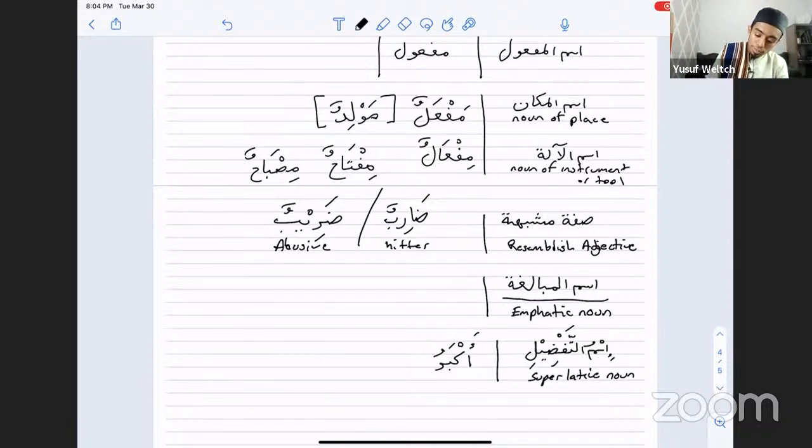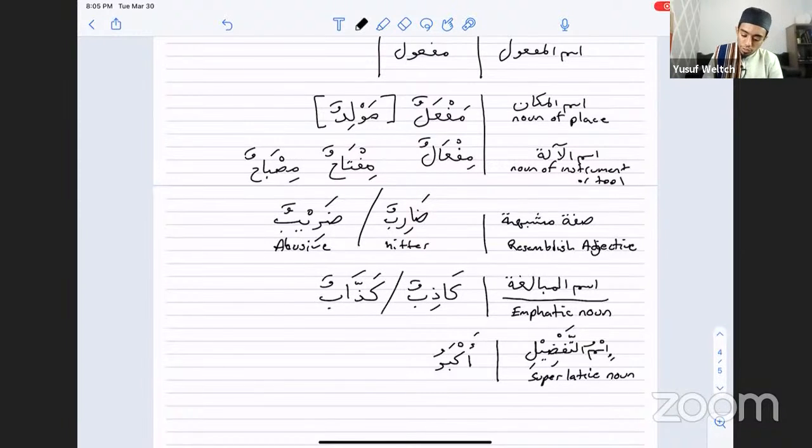Whereas ism al-mubalagha is not a comparison. So if I said, for instance, let's put 2 words here. This first word here, what kind of derivative noun is it?